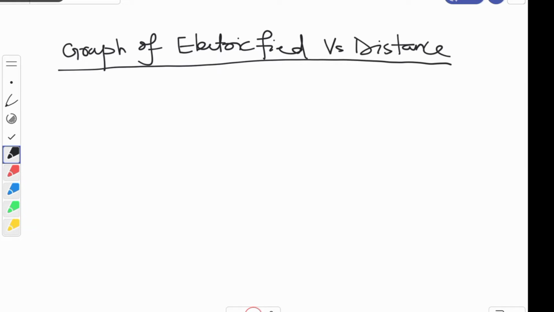What we have studied till now: suppose a charge Q is over here and I want to find the electric field at a point at distance r. Suppose this is plus Q charge.